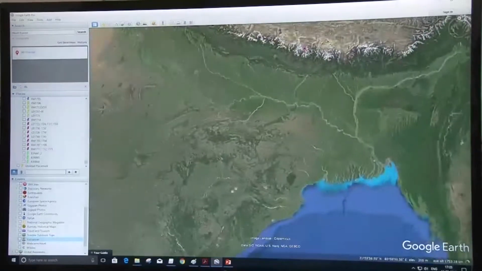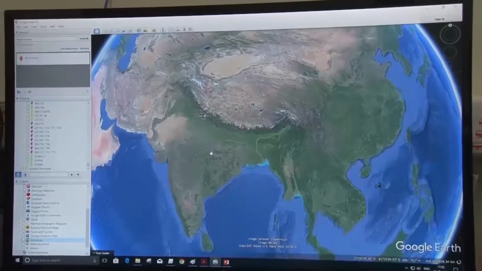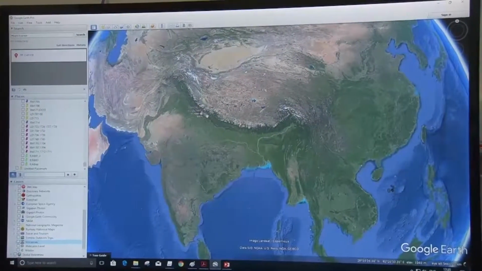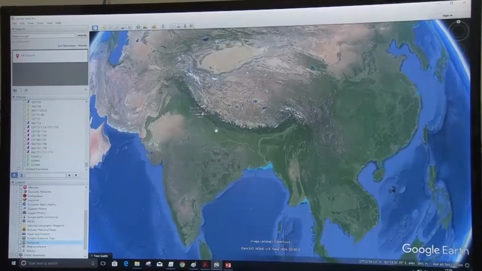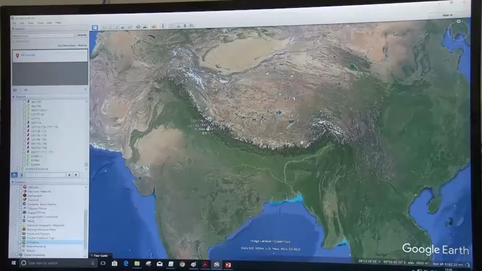So now let us talk about the highest point in our Indian continental landmass. This is the region, this is the Himalayan belt. Okay, it is shown as whitish color. Why?